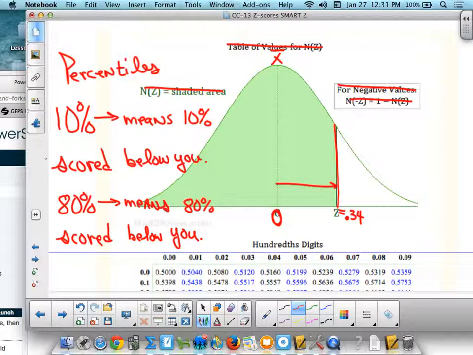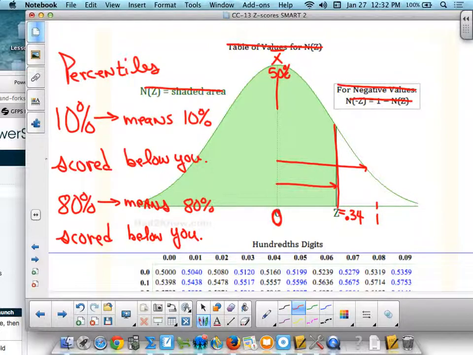Now, you see that z-score over there of 0.34? I want to know how well you did compared to everybody that took the test. You guys should all know this. If this was one standard deviation out there, the average is 50%.